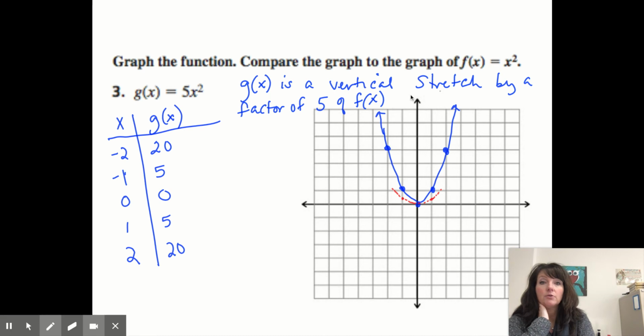So g of x is a vertical stretch by a factor of 5 of f of x. And there's my f of x right here, the parent function without the a term, or a equal to 1.